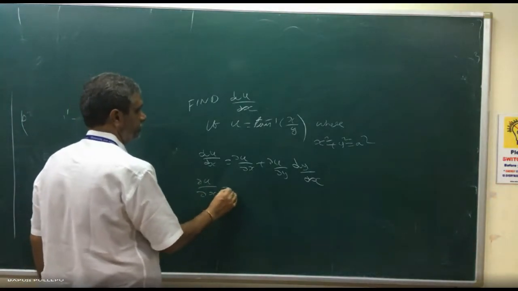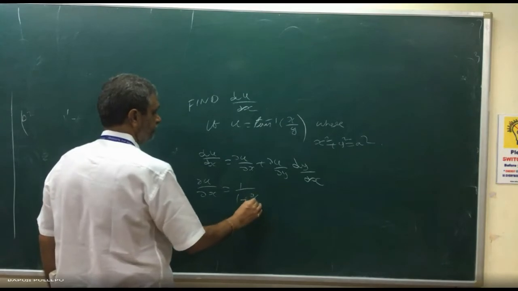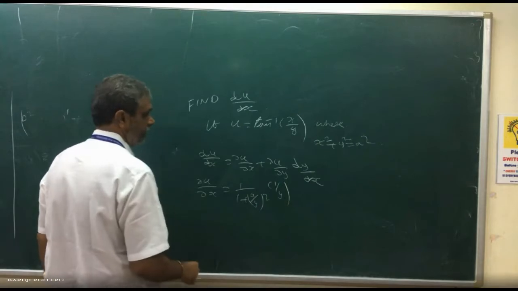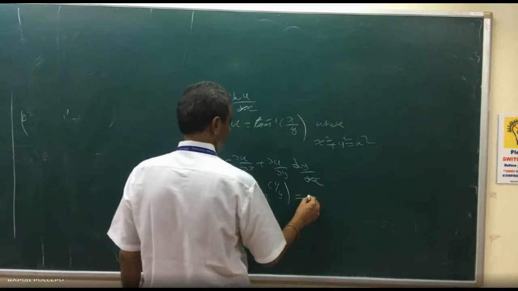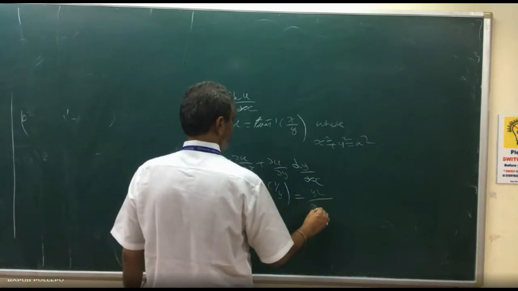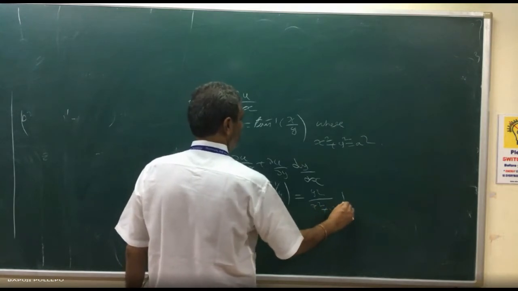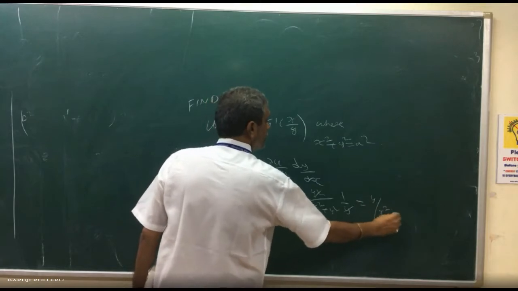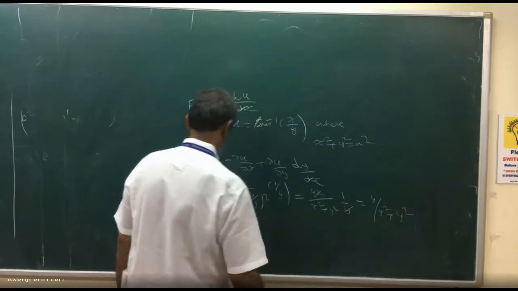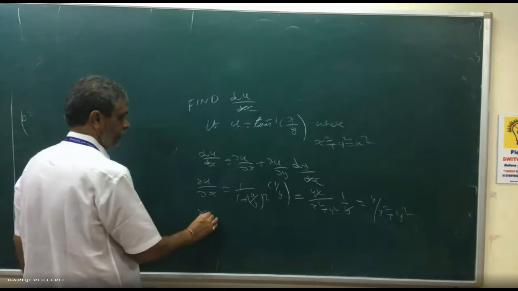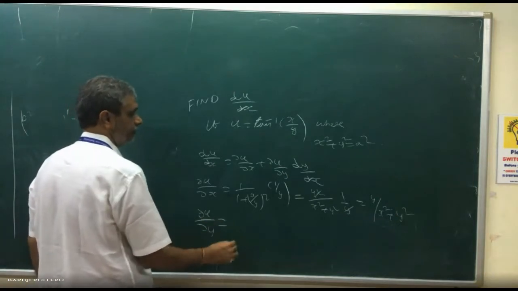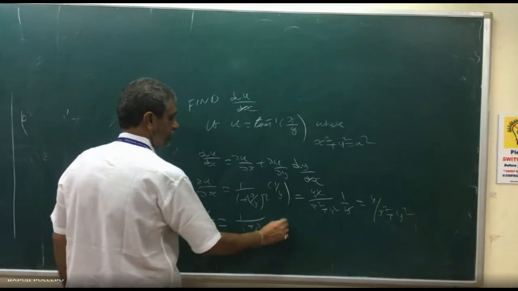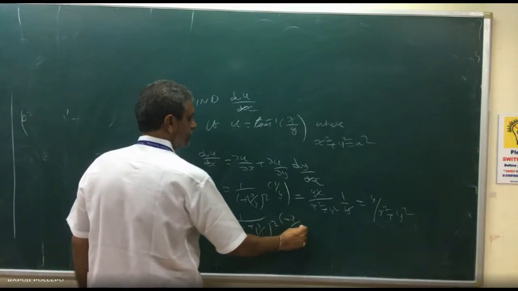Dou u by dou x is equal to 1 by 1 plus x by y whole square into 1 by y. If you simplify, what do you actually get? y square by x square plus y square into 1 by y. So that is equal to y by x square plus y square. Dou u by dou y, what will you get? 1 by 1 plus x by y whole square, then minus x by y square.